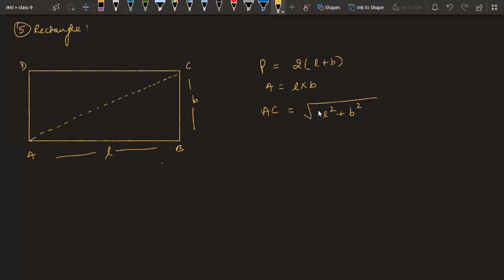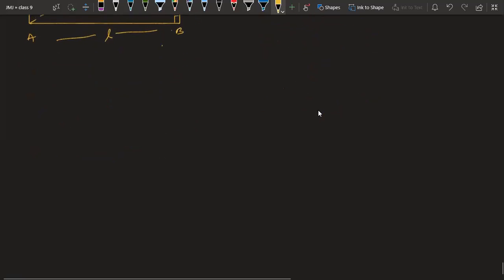In this case also it is the same, whether you find AC or BD, both are the same, root L square plus B square. Sometimes questions may come, find the length of the longest rod that can be put in a rectangle. You just have to find the length of the diagonal, because that diagonal is the longest length inside a square or rectangle.